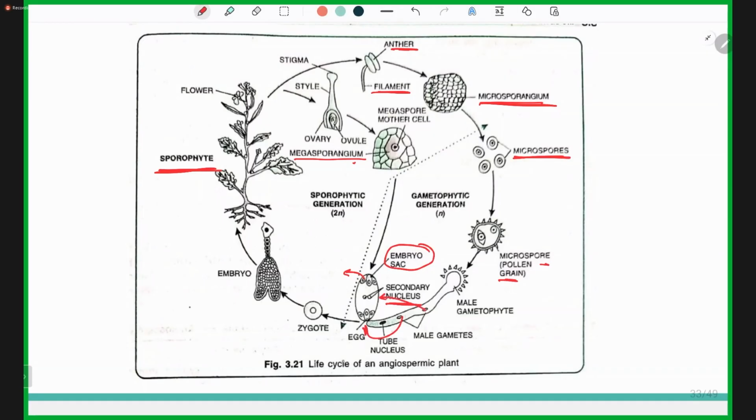The fusion with the egg gives rise to a zygote, and the fusion with the secondary nucleus gives rise to an endosperm. The endosperm nourishes the embryo until it develops into a plant with root, stem and leaves.